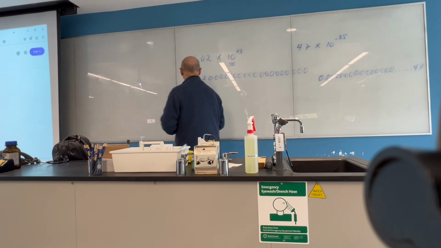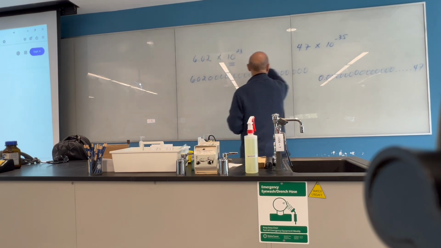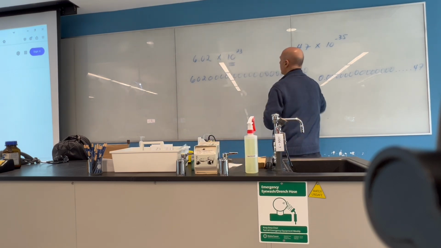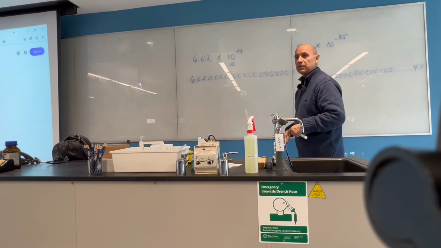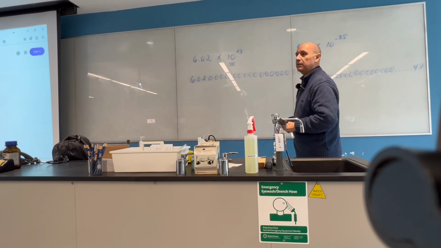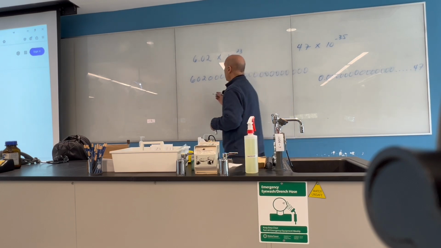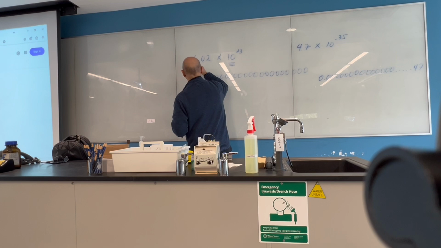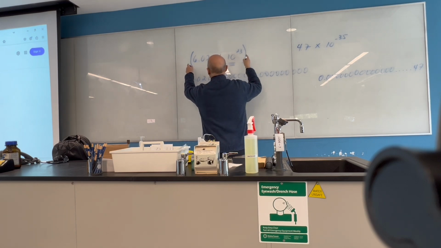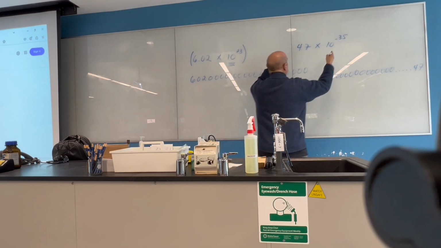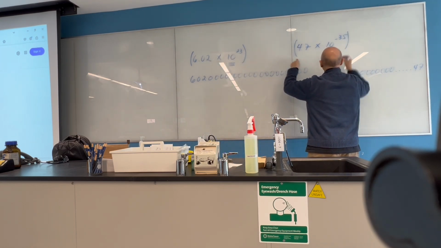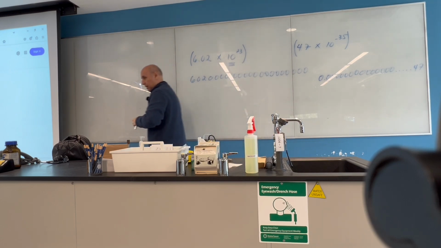If you need to multiply these two numbers, you better know how to do it in the calculator that you're using, not how I do it here. Essentially, every calculator is different. So the safest thing to do is to approach it with parentheses always. This parenthesis is telling the calculator this is one number, not two numbers. A parenthesis here does the same. So we'll have time to practice that in a few minutes.